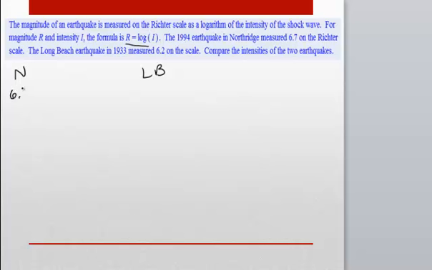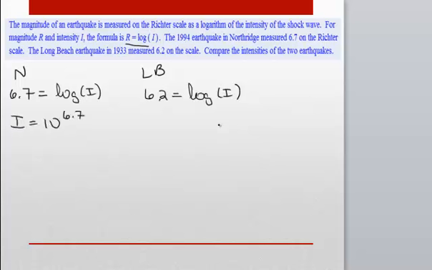So we have 6.7 is equal to the log of I. And for Long Beach, we have 6.2 equals the log of I. We can change both of these back to exponential form. This means 10 to the 6.7 equals I, and this one means 10 to the 6.2 equals I, or vice versa.